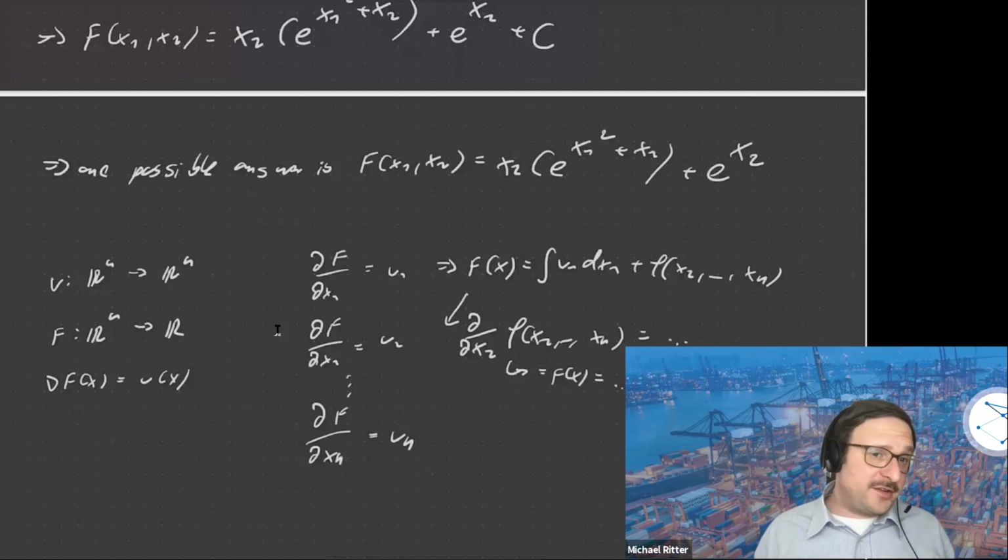And then if you want to do something similar, then of course the antiderivative would have to be a more general function, something that maps from Rn to Rm, right? That is possible, but it's rarely being used as far as I know. So these vector fields and therefore potentials for vector fields, that is quite common in physics and engineering.